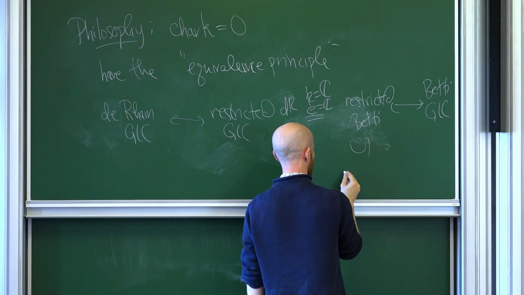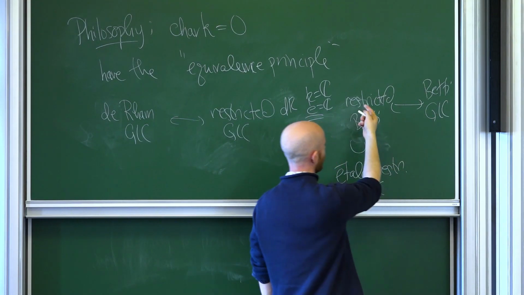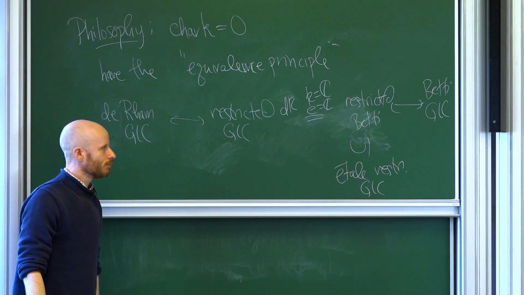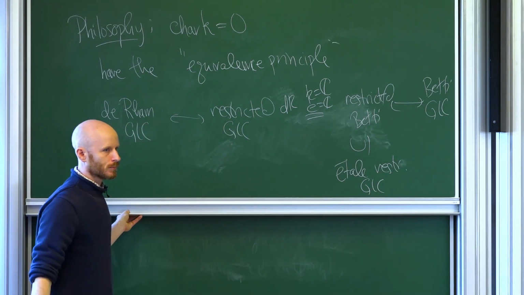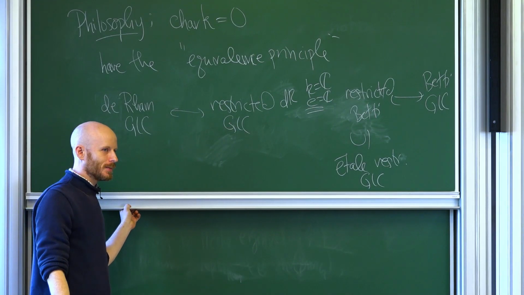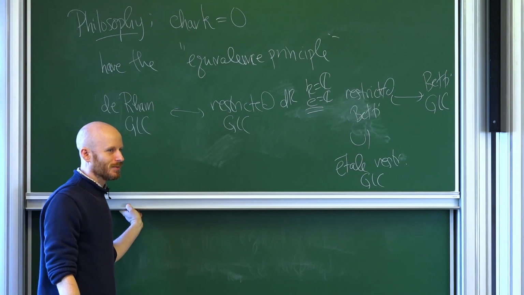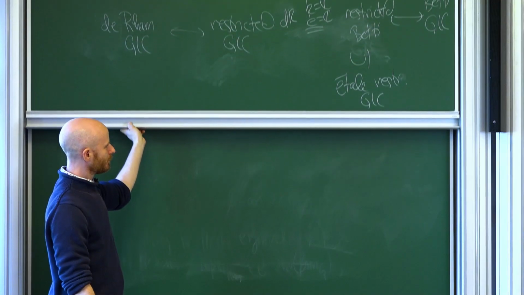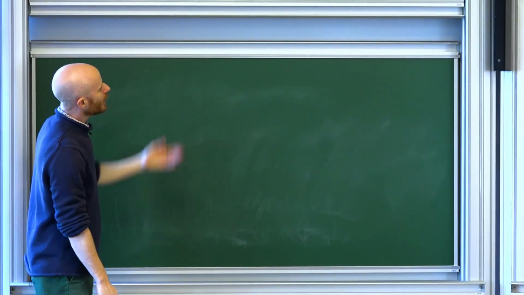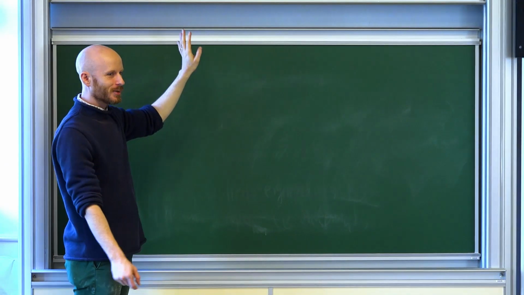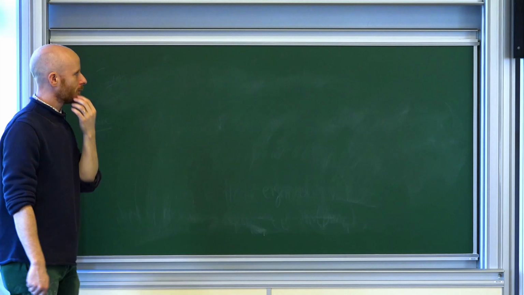And in some sense, you can think that the étale restricted geometric Langlands conjecture is contained inside of here, because there are strictly fewer étale local systems than Betti local systems. So it reduces to that case. All of that needs a little bit of checking and explanation. That's slightly beyond the level of what we've said so far, but that's the message.